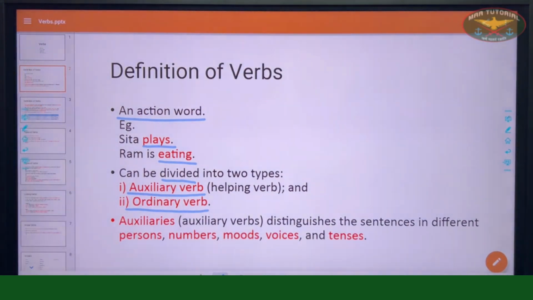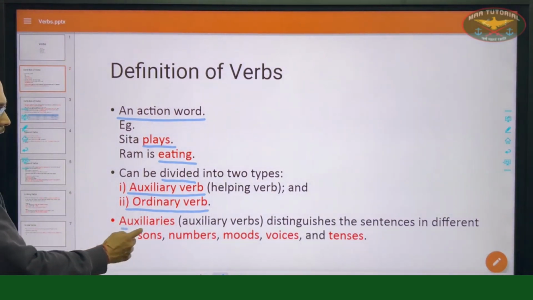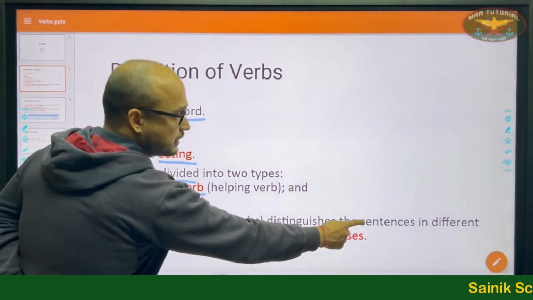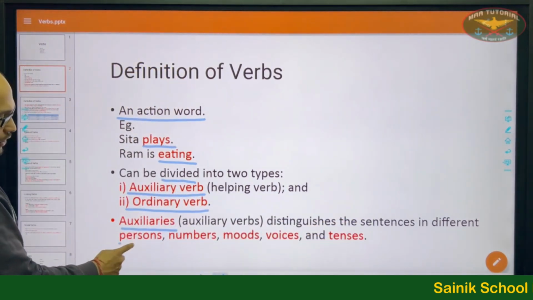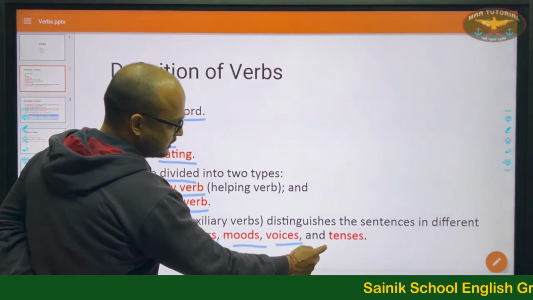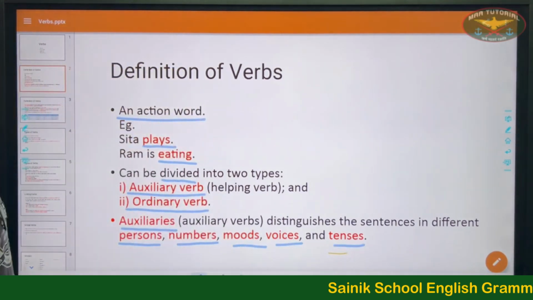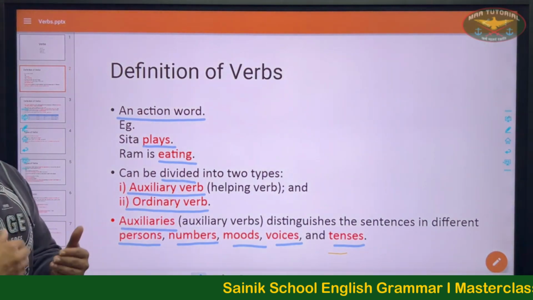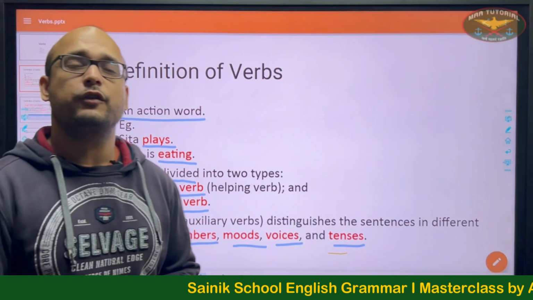What does it help us in understanding? Auxiliary verbs distinguish the sentence in different persons, numbers, moods, voices, and tenses. So the auxiliaries tell us what person we are talking in, whether first person, second person or third person. You must remember that from pronouns.